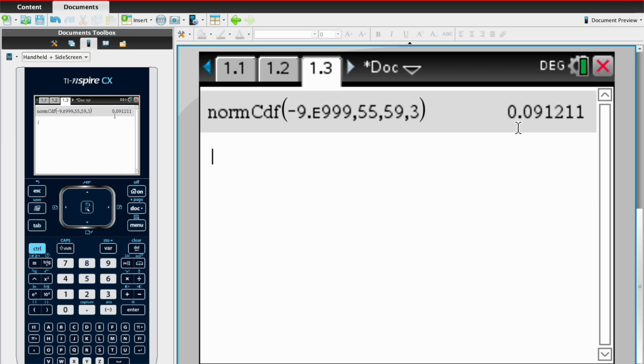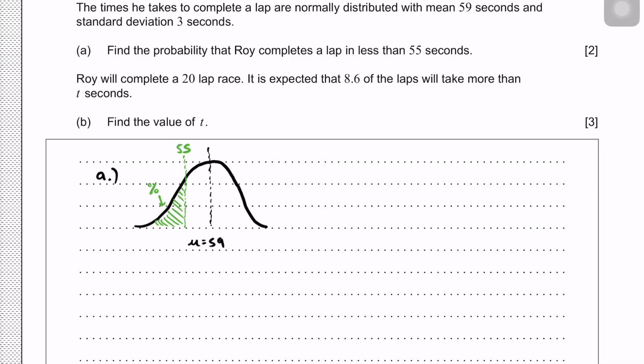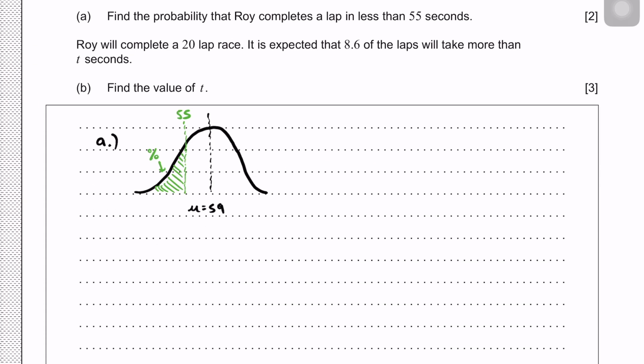All right. So what is the chance that he completes a lap in under 55 seconds? Probability is 0.0912, or 9.12%. So let's go back to the document and write this out. This is one of those areas where the IB actually accepts calculator notation. So we can write norm CDF, and then I'm going to write 0 here, but you can write -9 times 10 to the 9999.